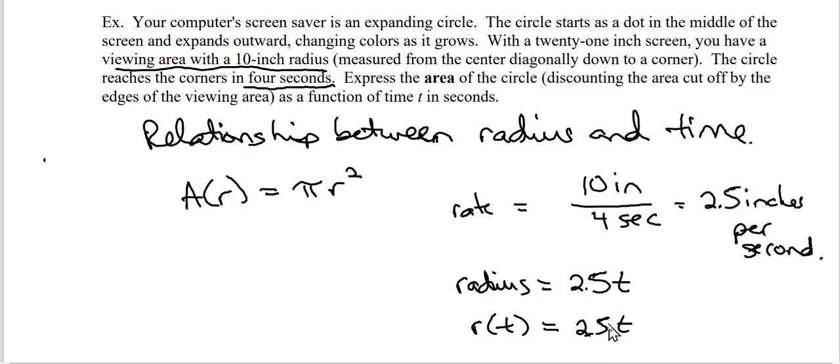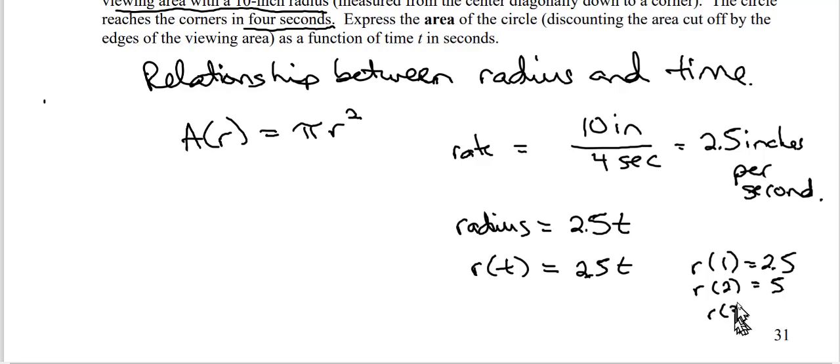Let's suppose t is 1 second, then if you get 2.5 inches per second, your result after 1 second, r of 1, needs to be 2.5, right? R of 2 needs to be 5 if you get 2.5 inches per second. R of 3 needs to be 7.5. And so that's what we're doing, multiplying the number of seconds by that rate to tell us how many inches the radius is at any particular time.